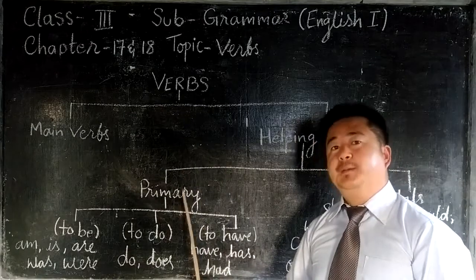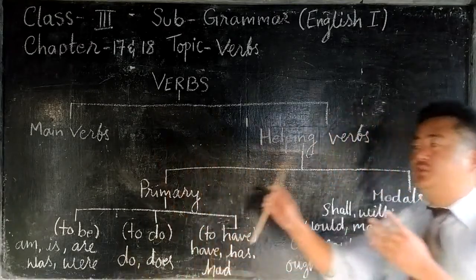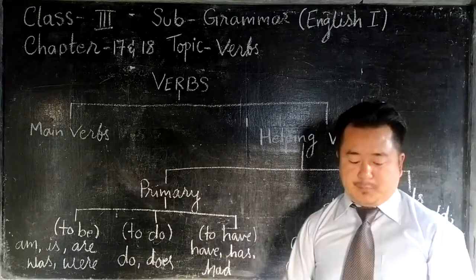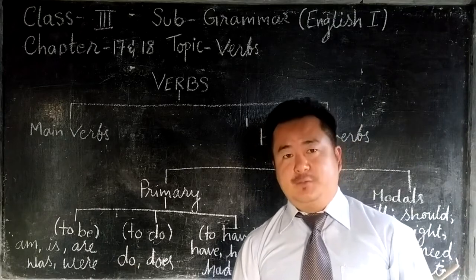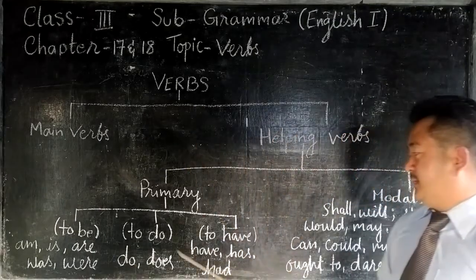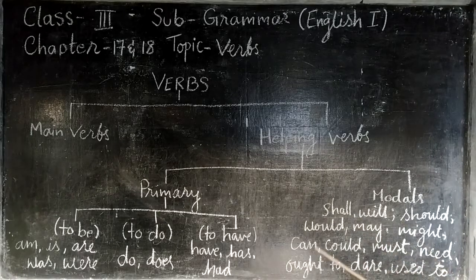Under the primary we have 10 verbs, but all together we get around 23 auxiliary verbs. Here 10, 11, 12, 13, 14, 15, 16, 17, 18, 19, 20, 21, 22, 23.